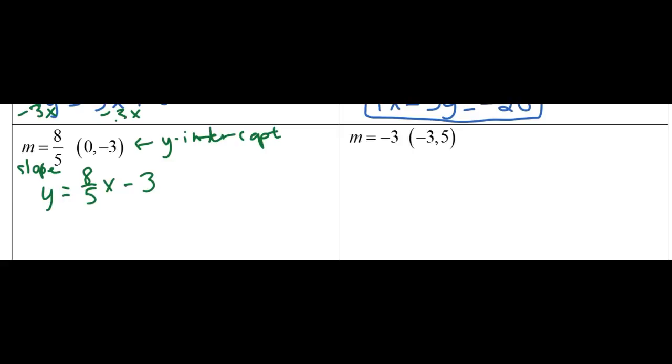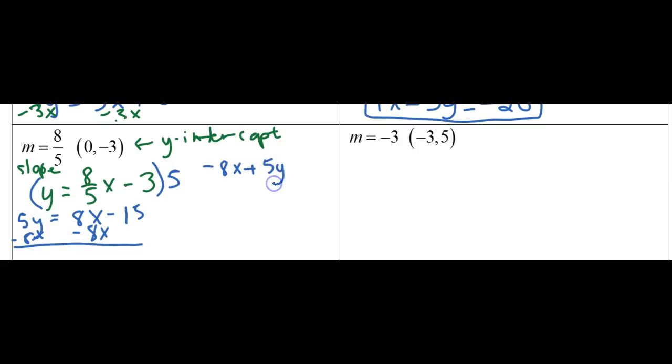Now we're at the same point we just did above where we have to rearrange. First thing I'm going to do is get rid of my fraction by multiplying everything by 5. So I have 5y equals 8x minus 15. Bring my x term to the other side, and I have negative 8x plus 5y equals negative 15.